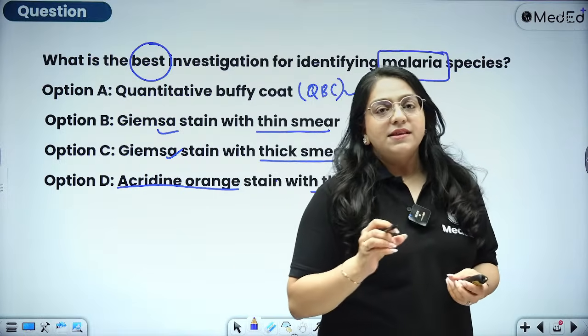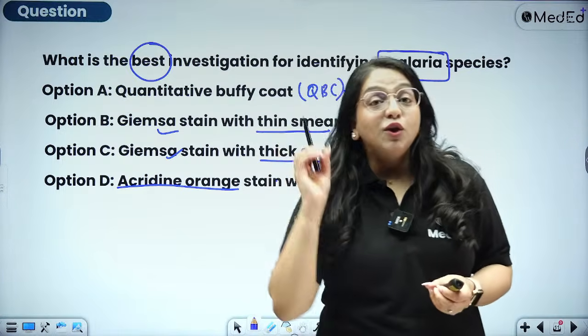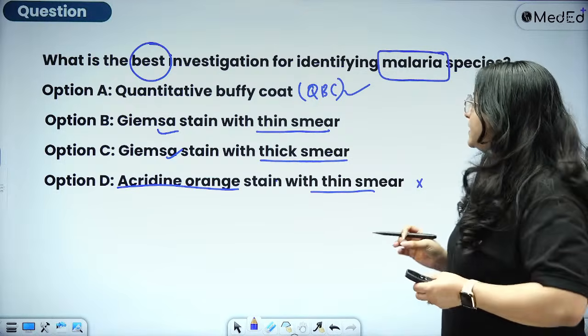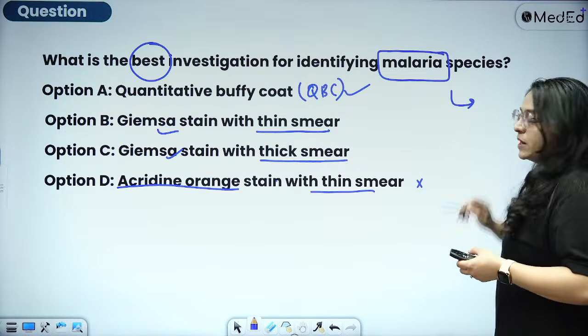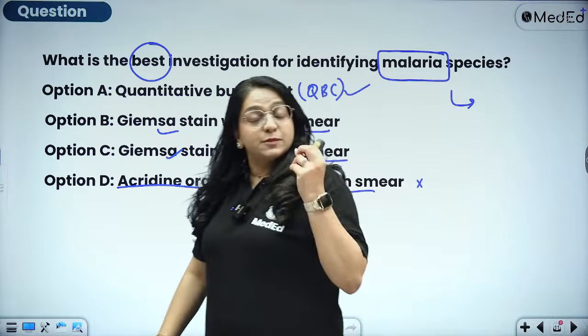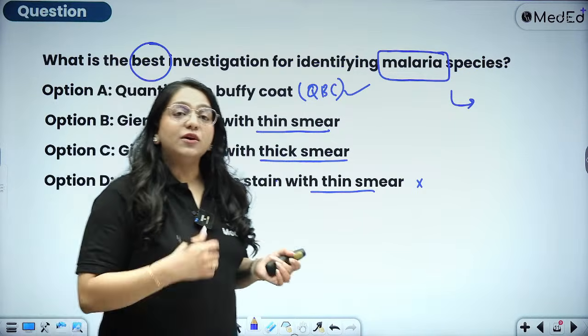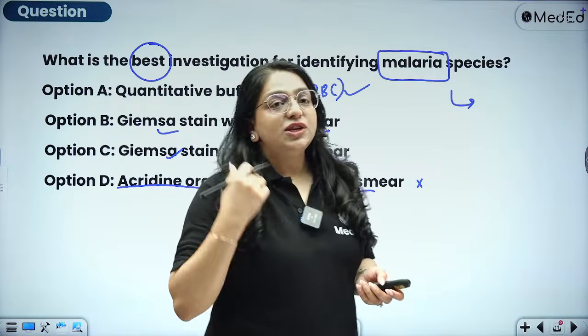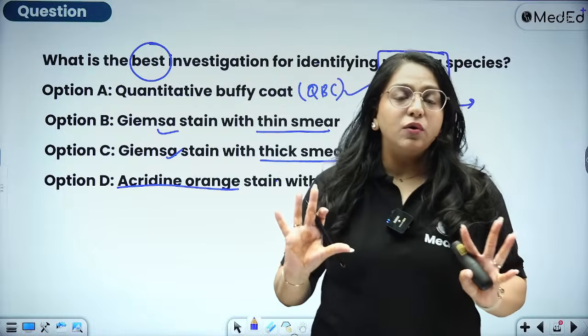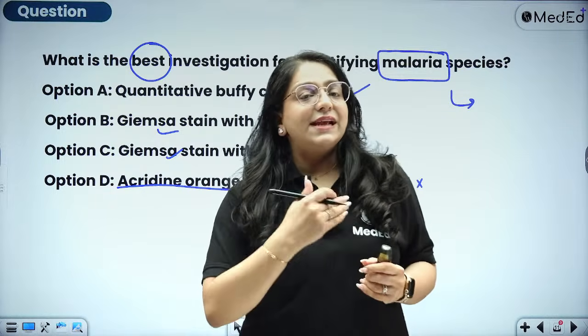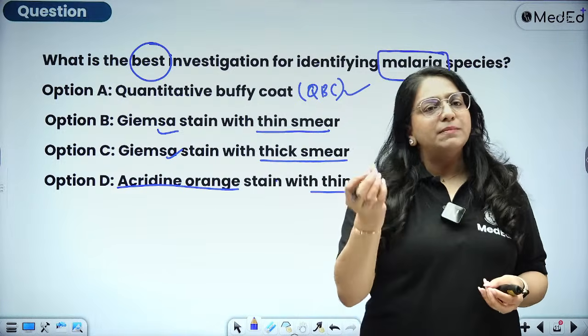Which stains? You cannot not know the Romanowsky stains for malaria. Please tell me in the chat box which are the stains, especially an Indian stain, you cannot afford to not know the name of. So these Giemsa stains are very, very cheap, and loads of slides can be processed, and all you need is a simple light microscope.